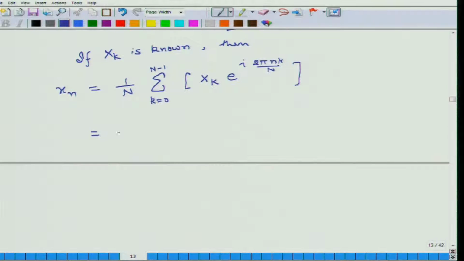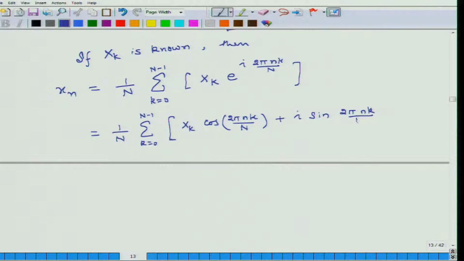So I will just write it in trigonometric format. It is 1 over N, sum for k equal to 0 to N minus 1, of X_k cosine of 2 pi n k over N plus i sine of 2 pi n k over N. So that is my inverse transform.